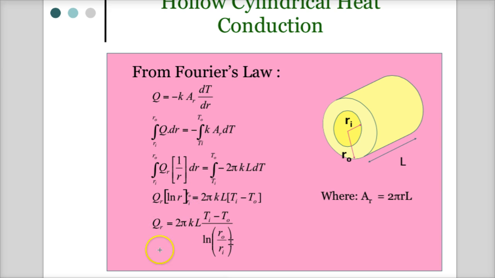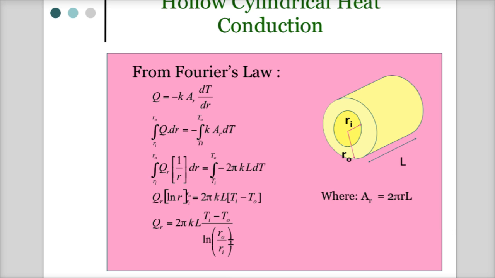So in the end, the heat transfer rate for a cylindrical column is 2πkL(T1 minus T0) over ln(r0 over r1), because ln r0 minus ln r1 is equal to ln(r0 over r1).